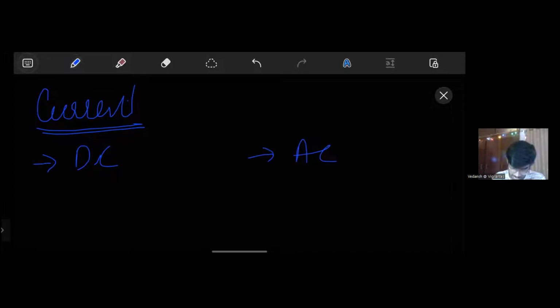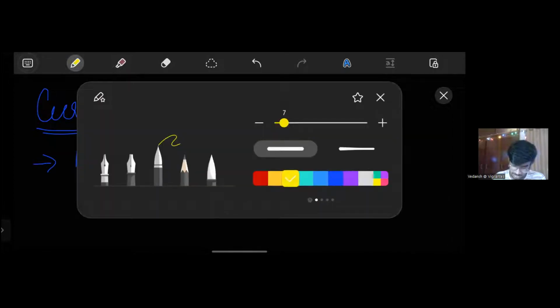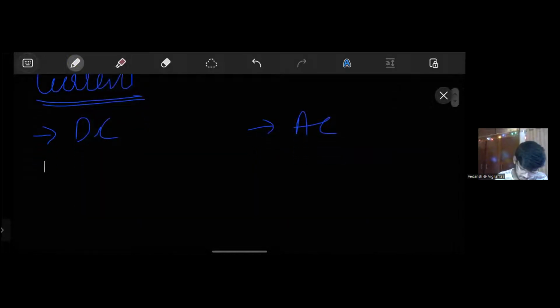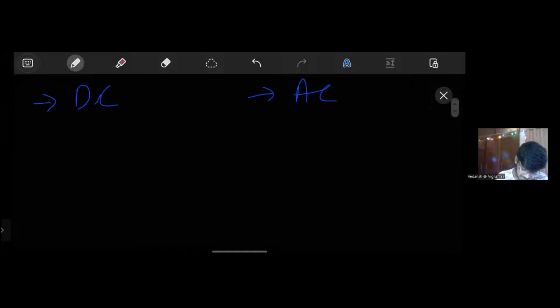Correct? Now, let us look at what it actually is. So, the DC current graph, if I draw over here, it would look something like this.